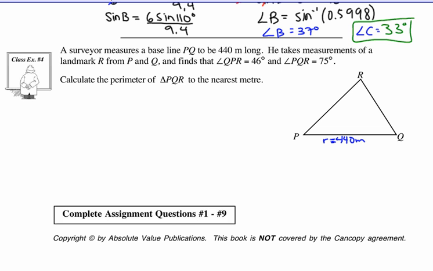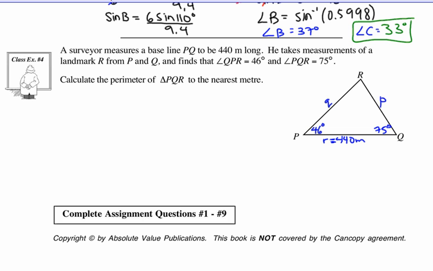He takes measurements of a landmark R from P and Q and finds that angle QPR is 46 degrees and angle PQR is 75 degrees. It says calculate the perimeter of PQR. So that means we need to know both side little q and little p because we want to add them all together for perimeter. So where do you want to start?